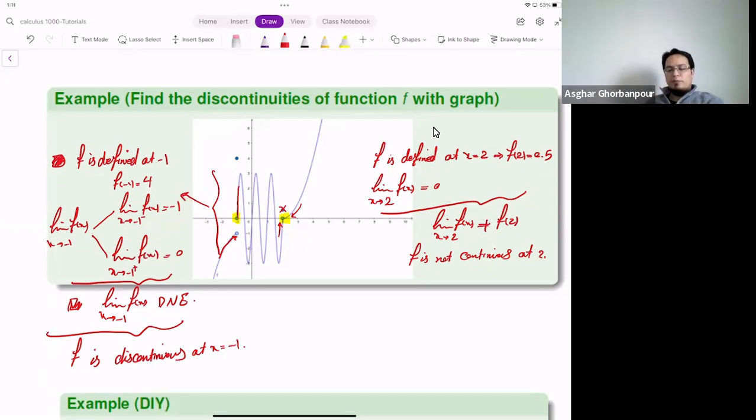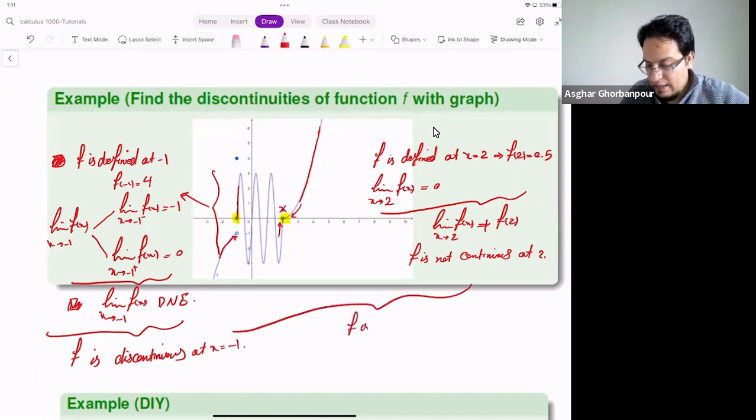About every other point on this graph, when you walk on the graph and you don't need to pick up your pen as you trace it, that means that your function is continuous at those points, actually on that interval. And here we can say that f is continuous on all points but just x equal to -1 and x equal to 2.